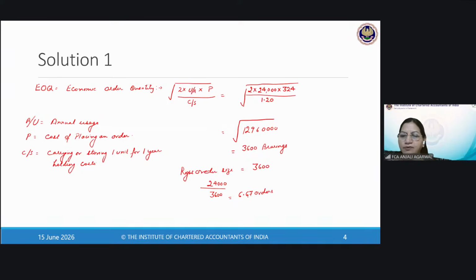So you have to place 6.67 orders every year. Now, orders cannot be placed in fraction, so we can round it off to 7 orders every year. But for theoretical purposes, we will assume that we can keep the number of orders in fraction, right? Thank you, Enam.